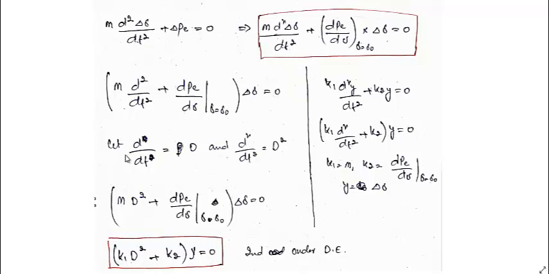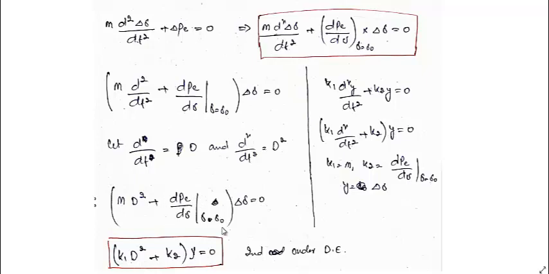Let us say d/dt is equal to capital D, and d²/dt² is equal to D². So this equation then becomes M D² plus dPe/dδ at δ equal to delta naught, into Δδ equal to 0. The rest will be the same.